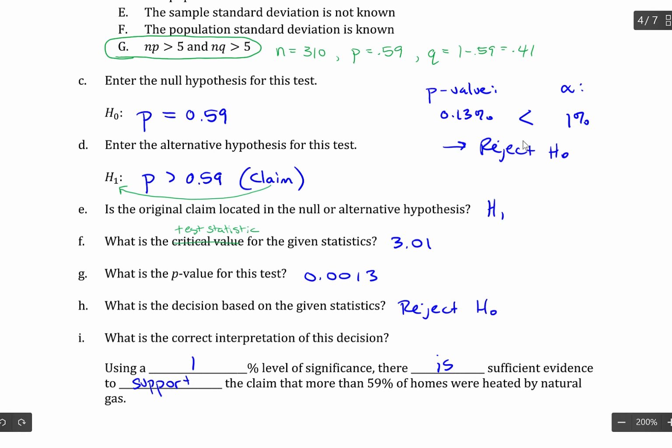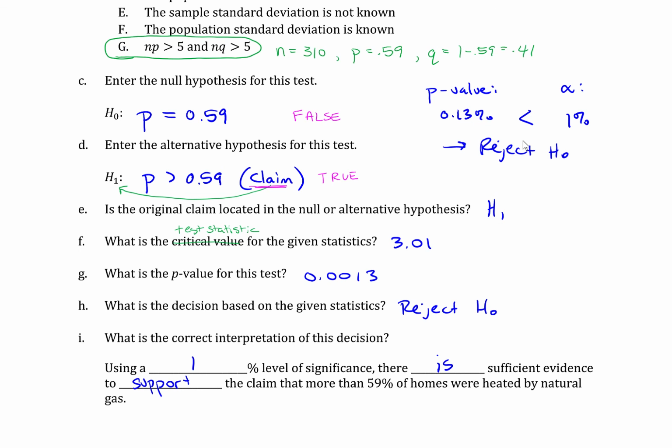But if you want a little bit more idea as to how that logic works, we rejected the null hypothesis in the decision. So if we reject it, we're basically saying that it's a false statement. And that leaves the complement of that to be a true statement. So that means the claim then is true, because that's where the claim is located in the alternative.